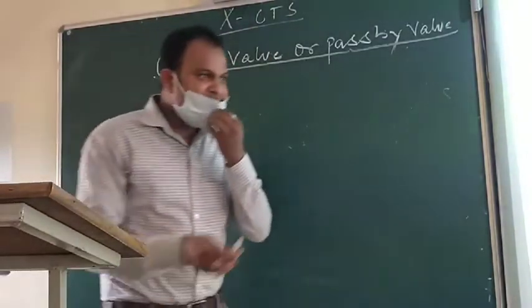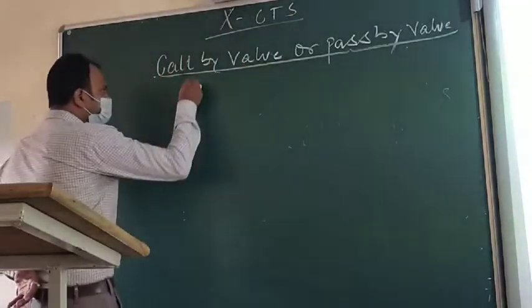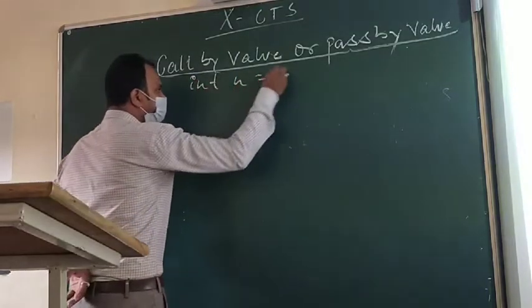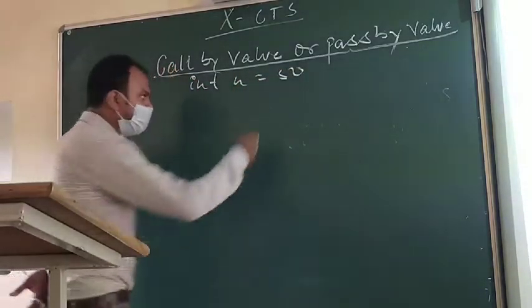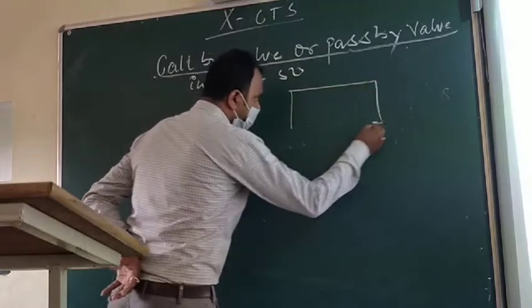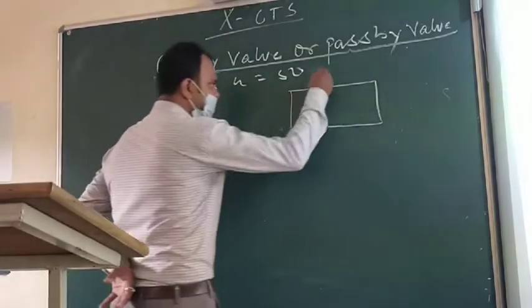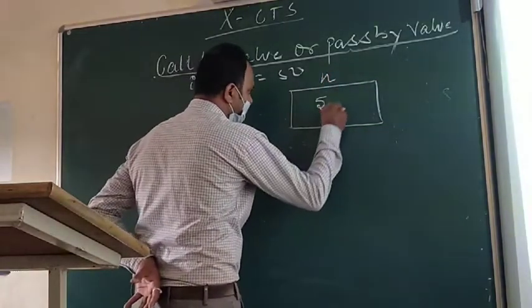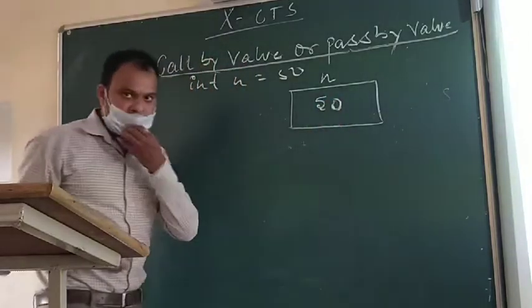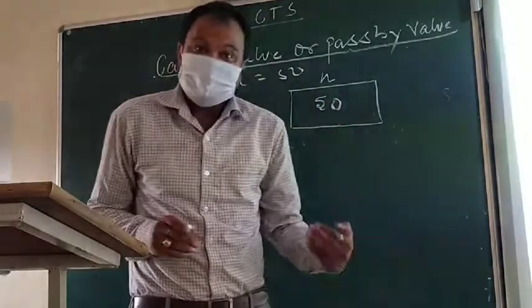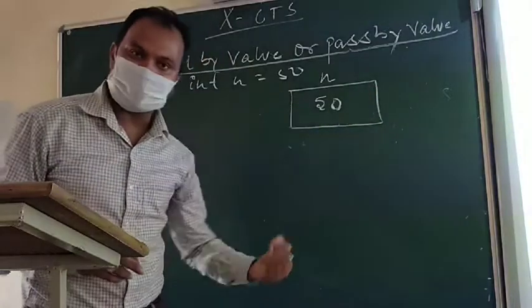Suppose we have written int n equals 50. In memory, one space will be allocated with the variable name n and the value 50, and we do not know at which address it will be saved, because that depends on the operating system.